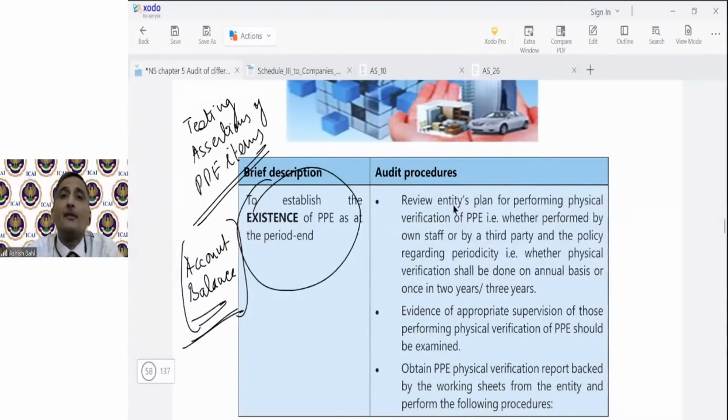But what happens, students, when there are many plants of the company spread all over India? Then whether you need to verify each and every machinery.